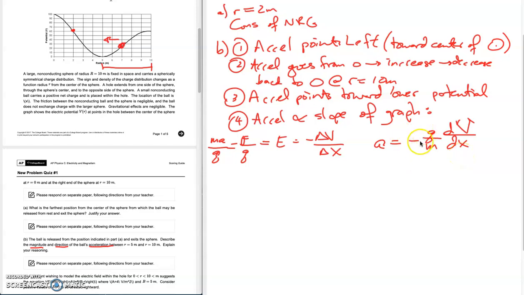So it points towards lower potential. It depends on the slope. Where the slope is 0, the acceleration is 0. Where the slope is increasing, the acceleration is increasing. And because our potential increases to the right, that means acceleration, being the negative of that, points left.